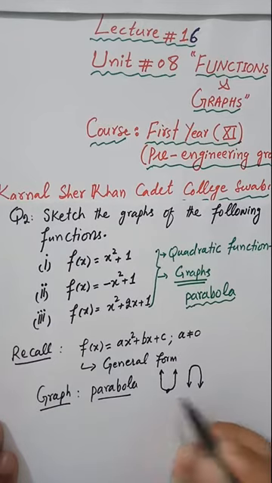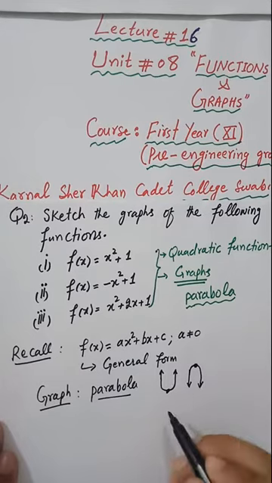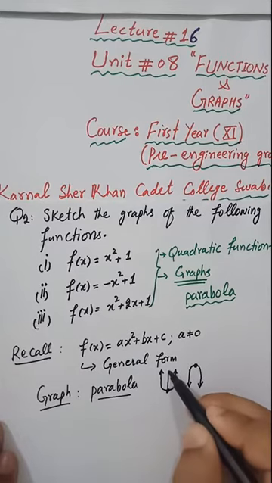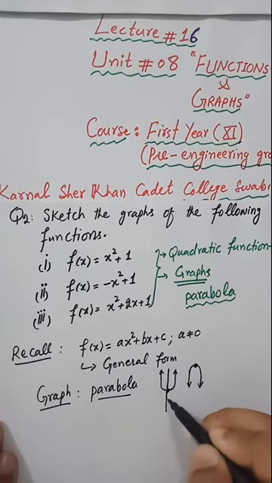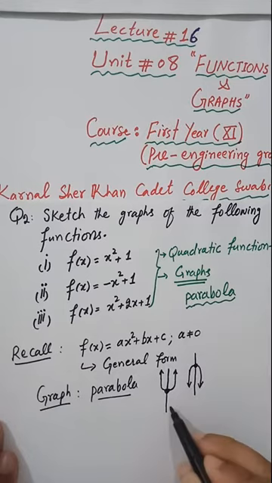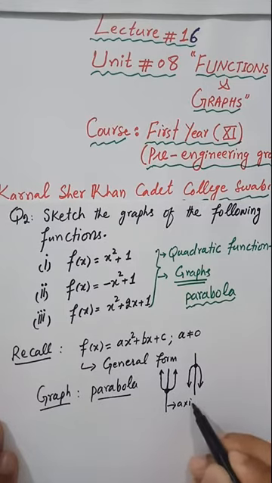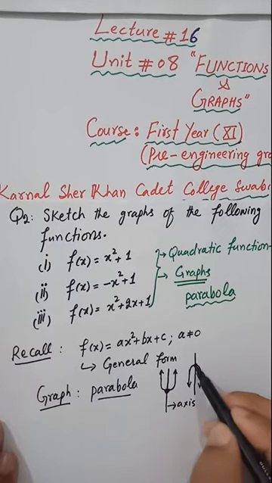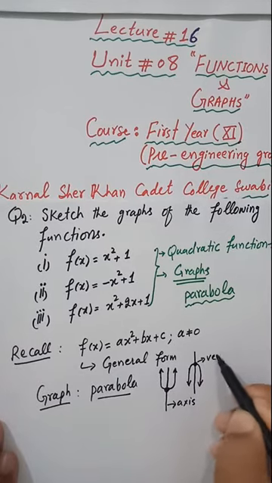This lowest point and this highest point is called the vertex, and the vertical line which passes through this vertex is called the axis of the parabola, and this point is called the vertex.